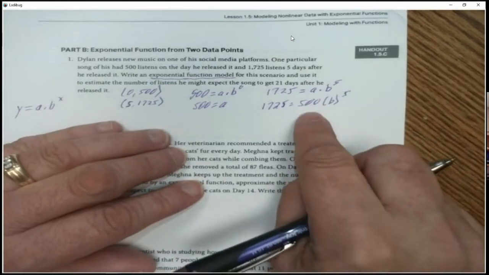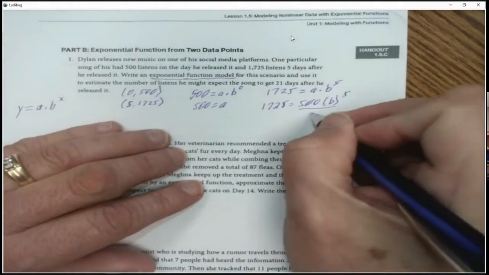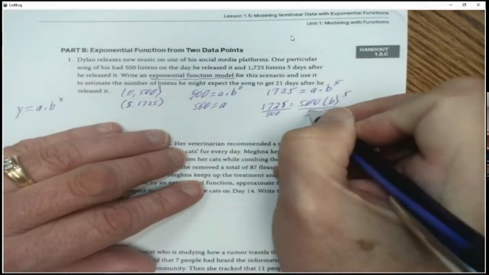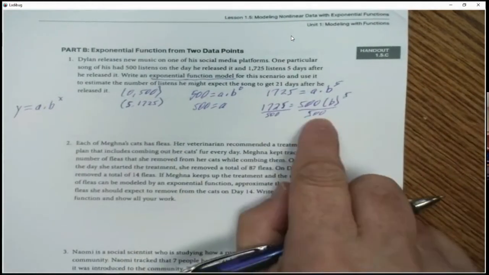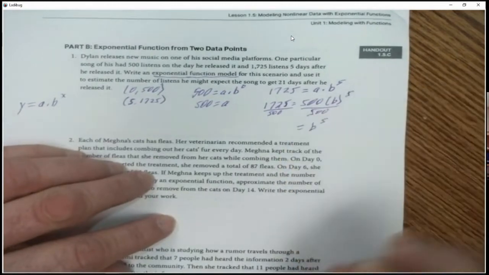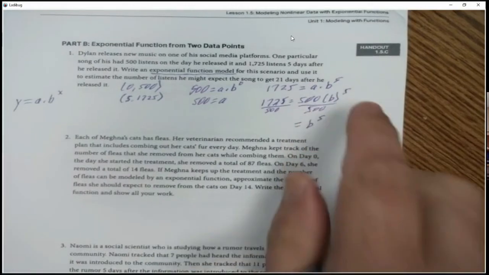So since it's 500 times b to the 5th, let's divide both sides by 500. All right, 1725 divided by 500. So over here, we know this equals b to the 5th, because 500 divided by 500 is 1. That just leaves b to the 5th power.